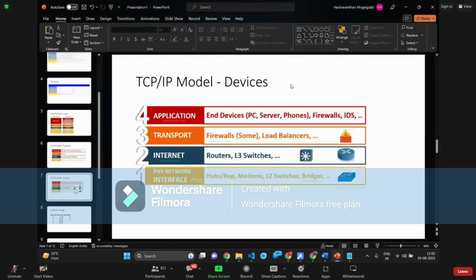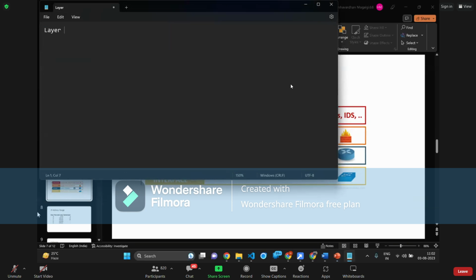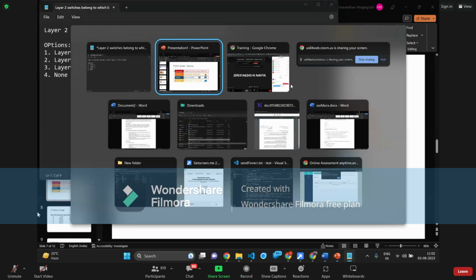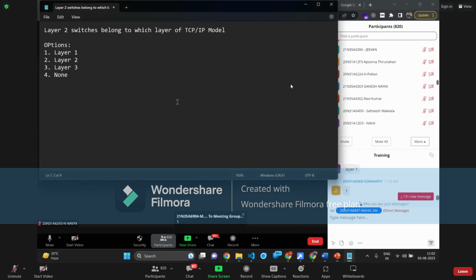Layer 2 switches generally belong to which layer of TCP/IP?